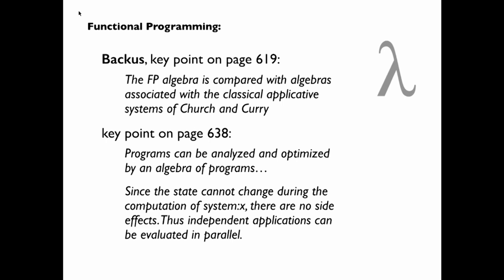So, going back to the 1970s, the premier computer scientists were thinking about how could we leverage abstract algebra to build compilers that would work with clusters much better. So there's a couple of points in the paper I'll bring out. One was the functional programming algebra is compared with algebras associated with the classical applicative systems of Church and Curry.